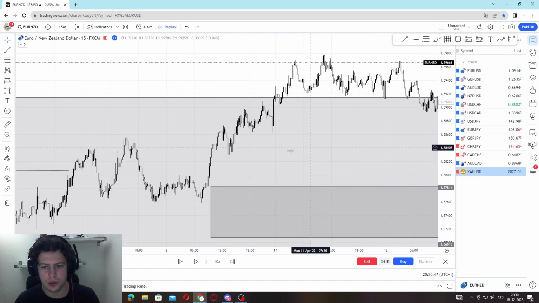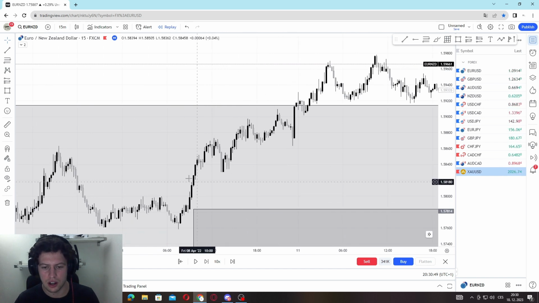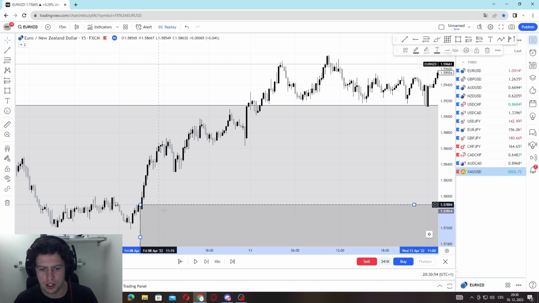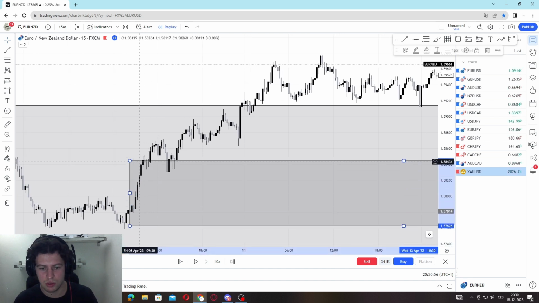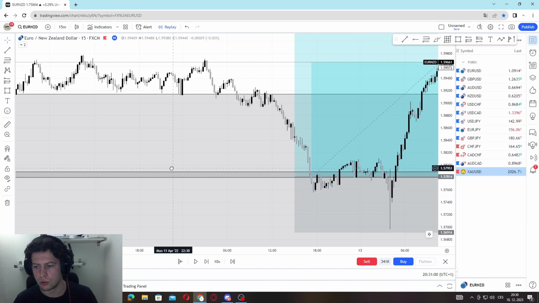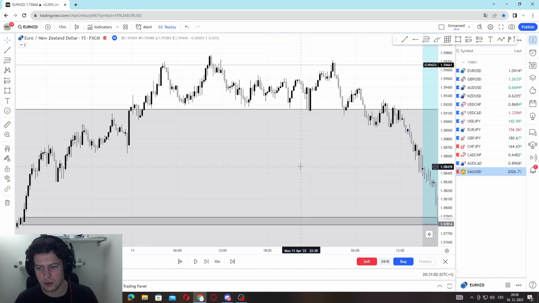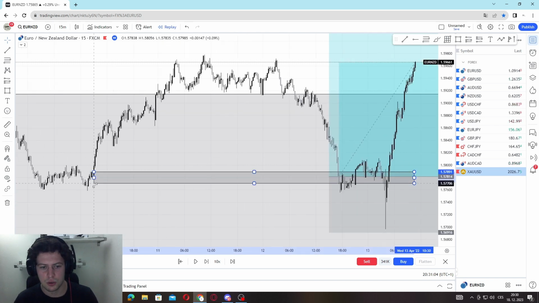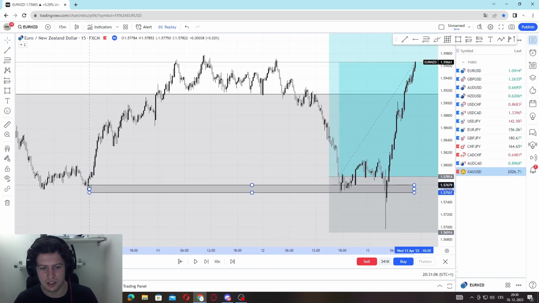For example, we are in an uptrend. We changed character. You saw this beautiful zone, and you were really accurate. You saw, for example, this zone.